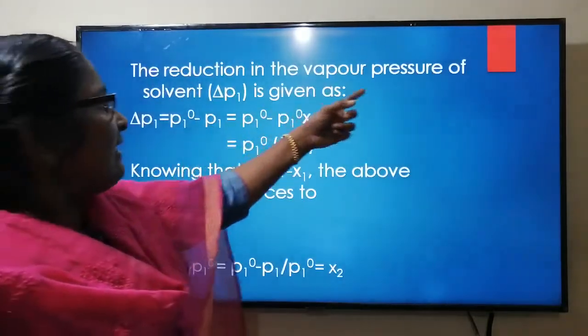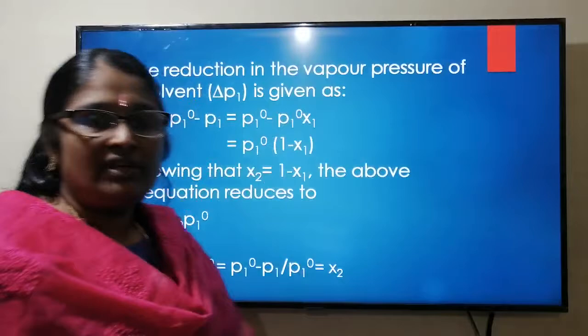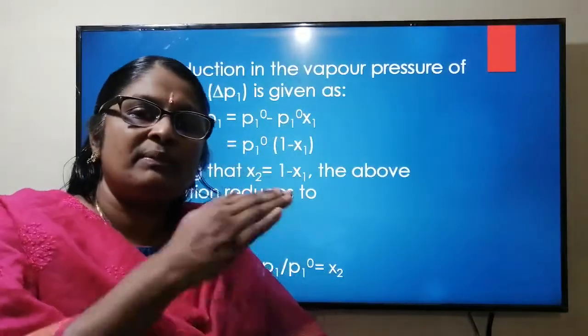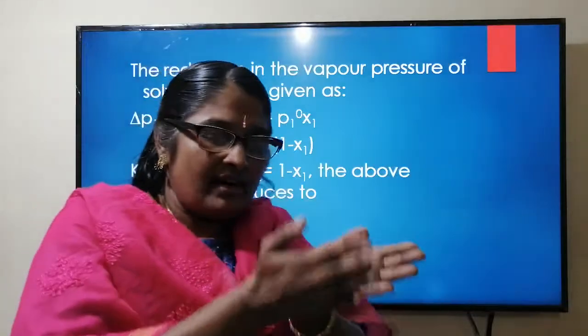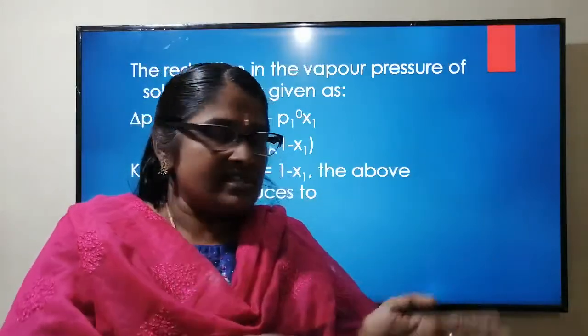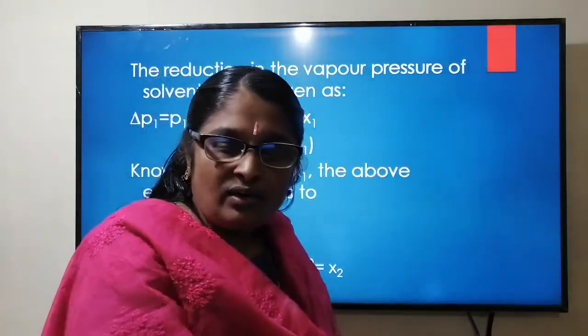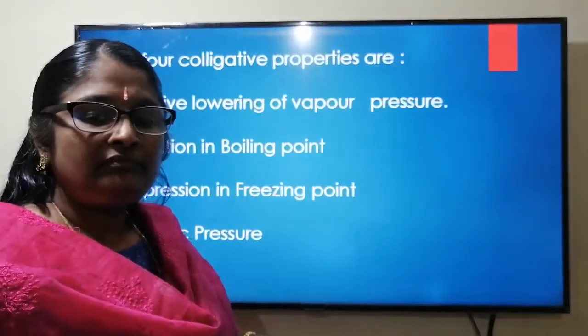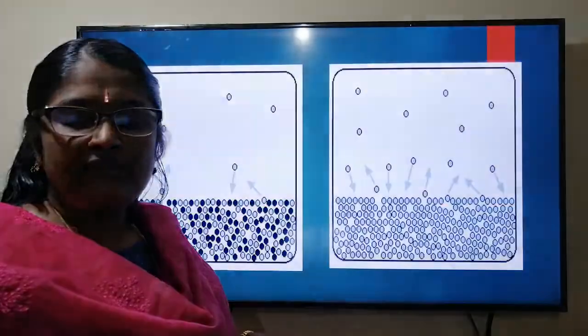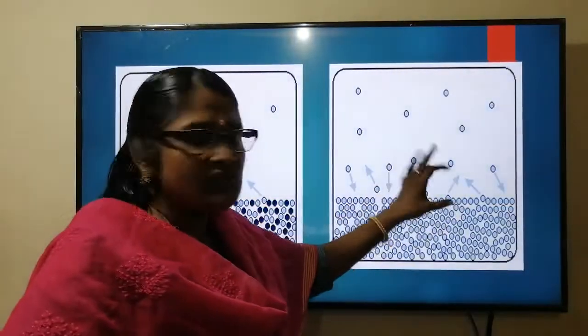And we know that while adding a solute, the vapor pressure of the solvent decreases. Initially it was a pure beaker containing water only. While we are adding solute, what happens is that the vapor pressure changes. With only water, it is known as P1°.